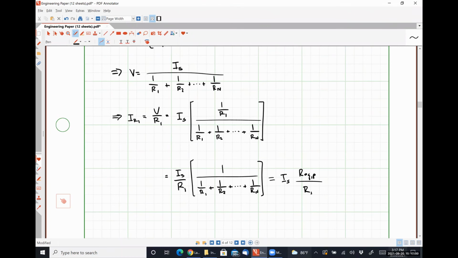There is a shorthand for doing current division with only 2 resistors in parallel, but I am intentionally not teaching it to you. The reason why I say this is because if you look in your textbooks, you might see some current division equation that doesn't have all these pesky reciprocals in it, okay? That expression is literally only valid for 2 resistors and 2 resistors alone.